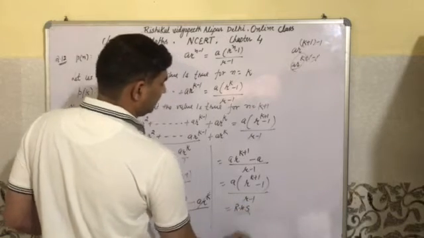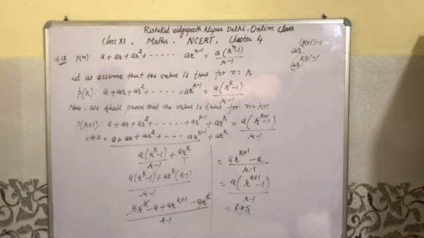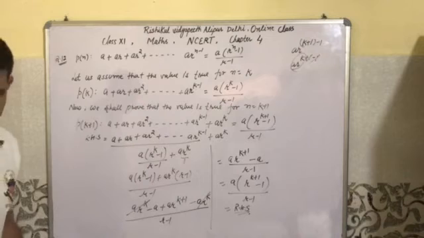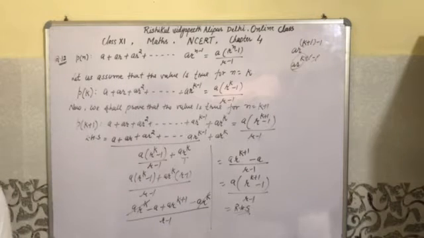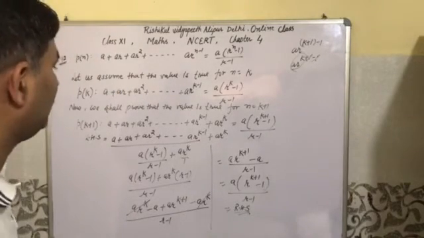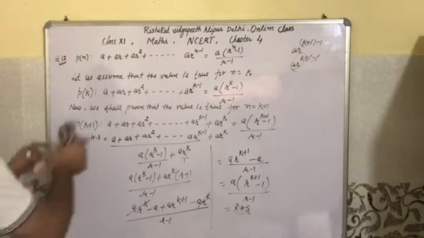Then left hand side is equal to right hand side. Then P of k plus 1 is true whenever P of k is true. Then by the principle of mathematical induction, P of n is true for all natural numbers n. This value is true for n belongs to N.